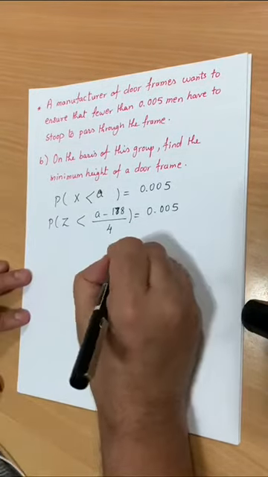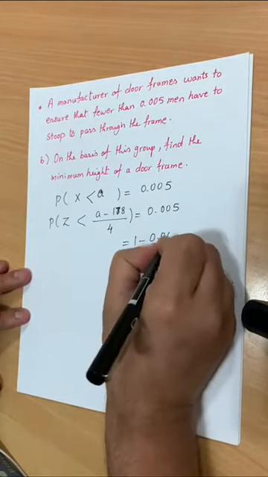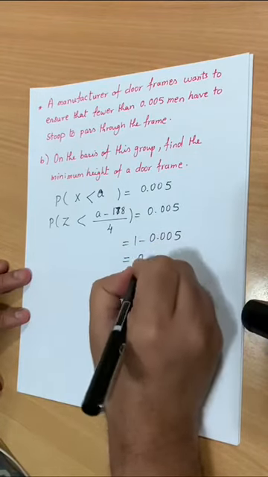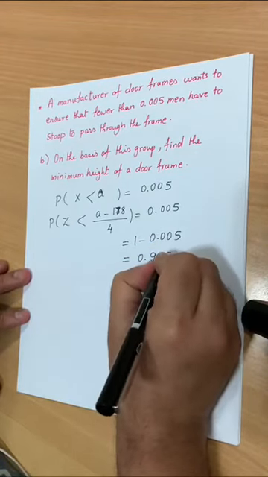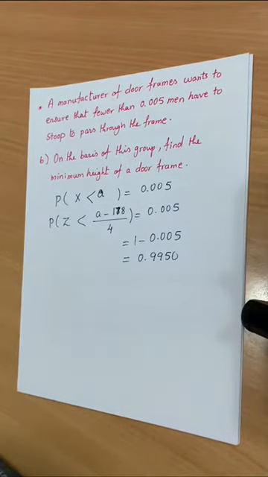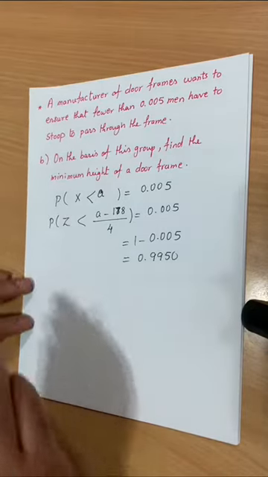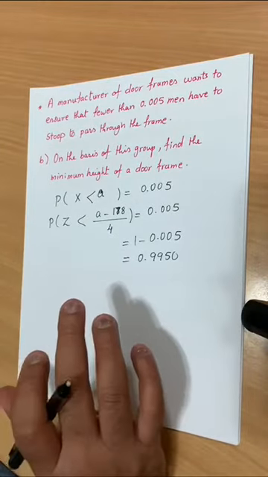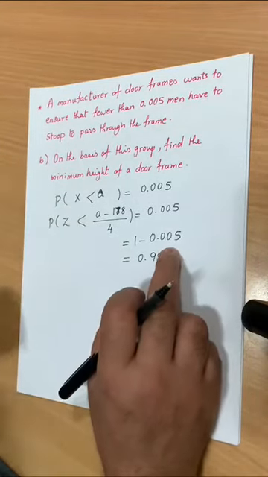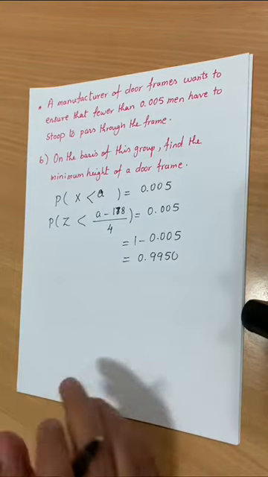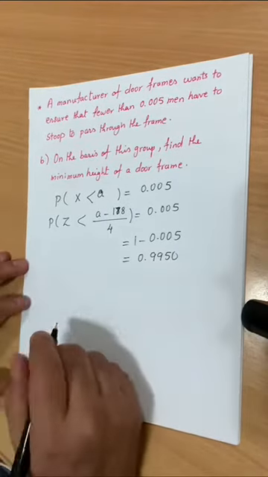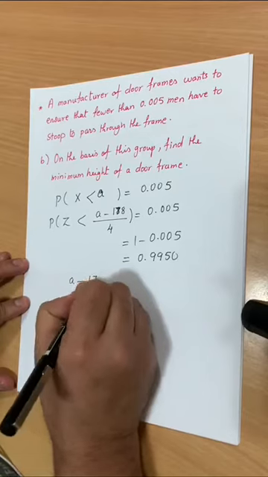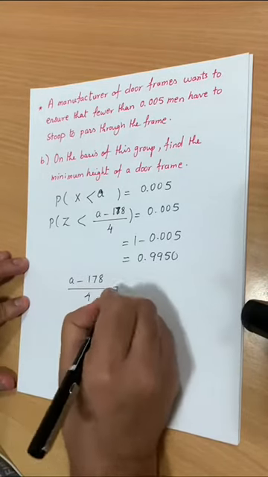So you're supposed to do 1 minus 0.005, which gives 0.9950. Before that, it was not in the table, so you do 1 minus, and you have to give a negative sign. So (a minus 178) over 4 equals negative.